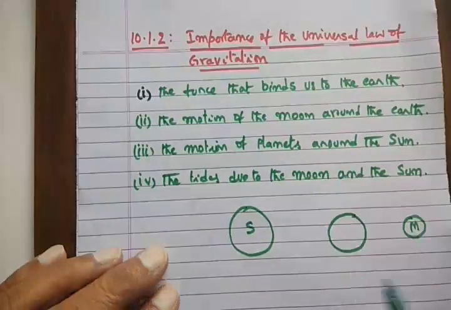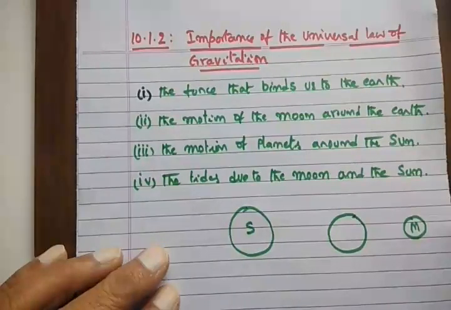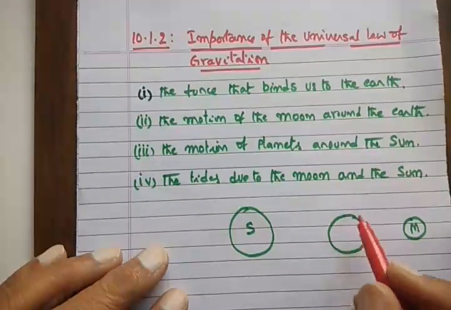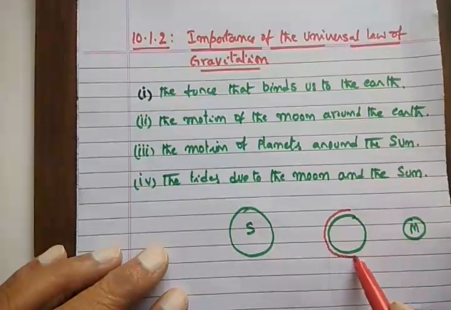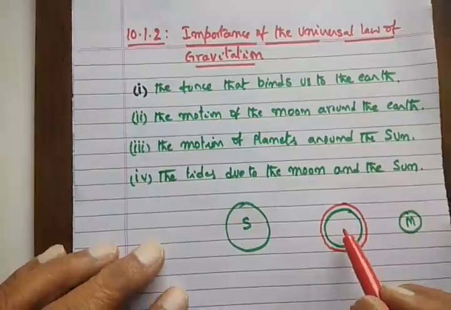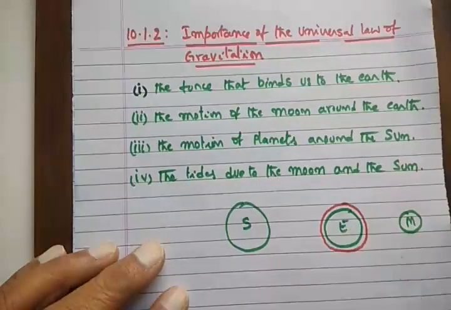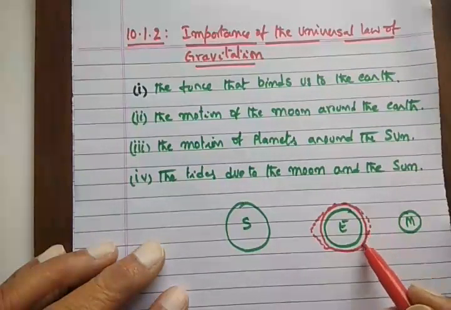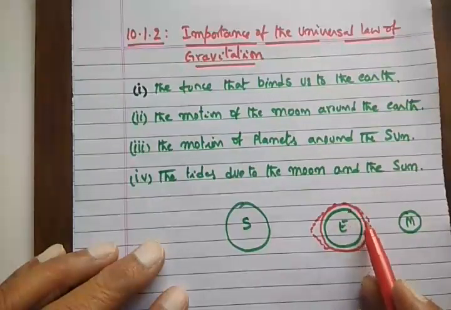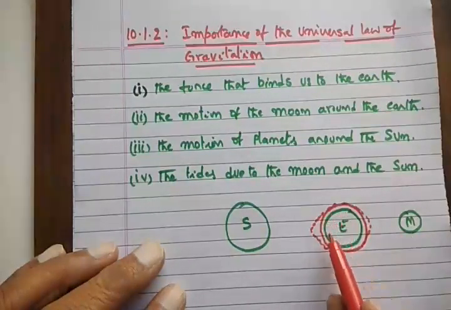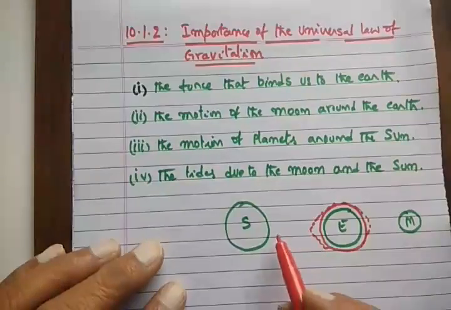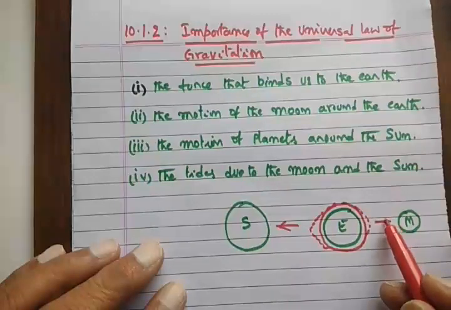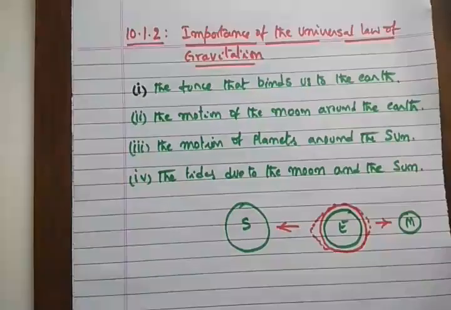What happens to the water at that time? Because everything is getting attracted, instead of being evenly distributed around the earth, the water will slightly bulge. This water is trying to go towards the moon, and this side water is trying to go towards the sun, because of the attractive force. So because of that only there are tides.